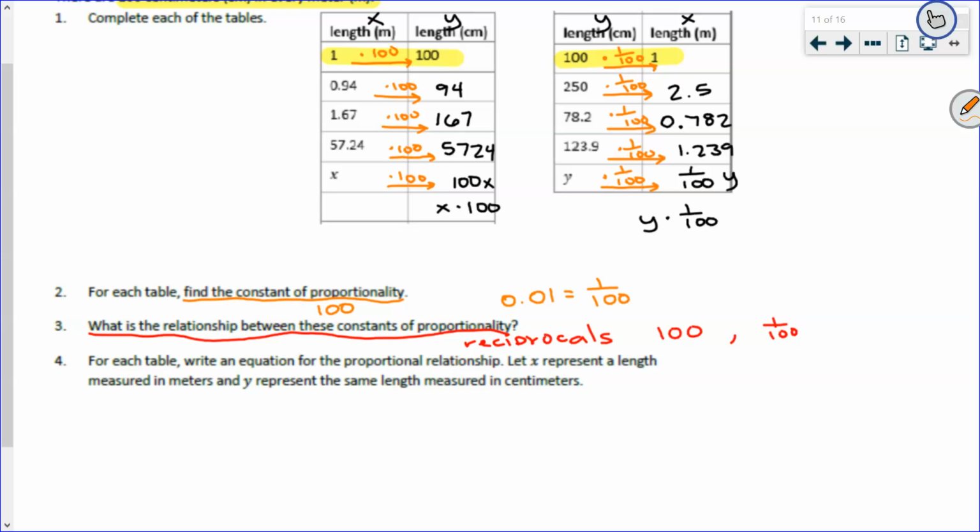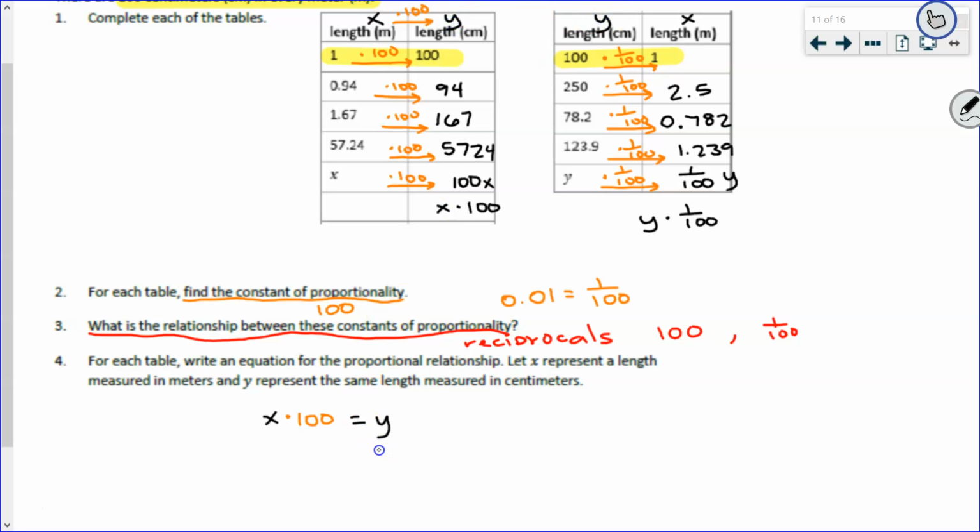But if I look at it up here, when I take that x and go across the table by multiplying by 100, I end up with y. There's your equation. Again, it's just that simple. x multiplied by 100 is equal to y. Start here, go across the table, end up here.